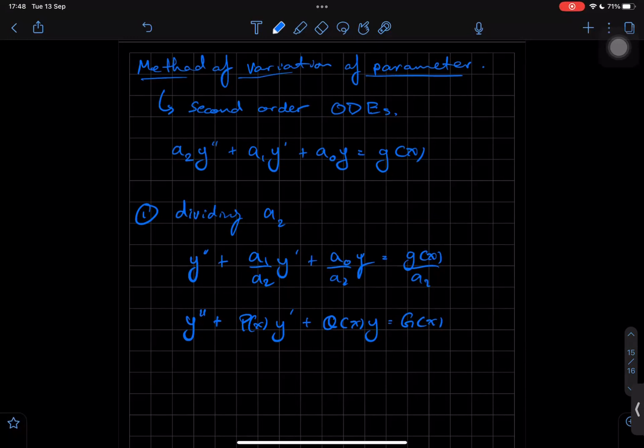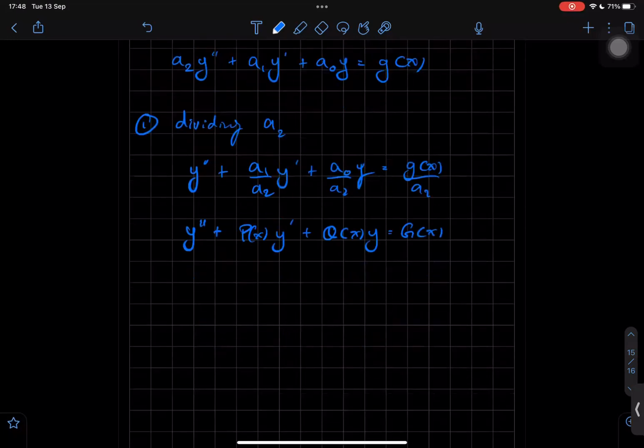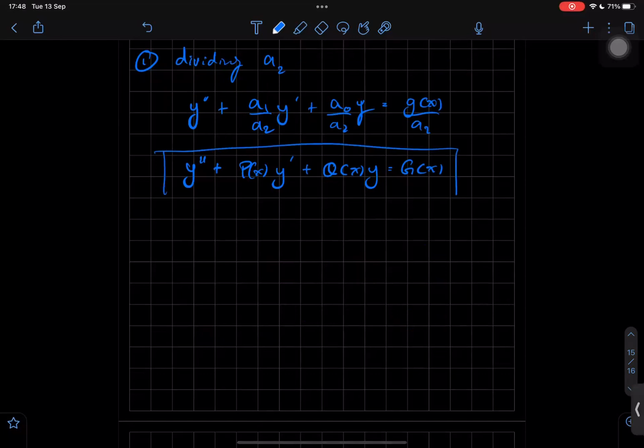When you get this one already, you do the same: find yc first, and yc is from the homogeneous equation. You can try to review about it.